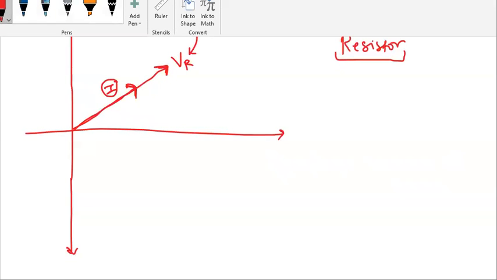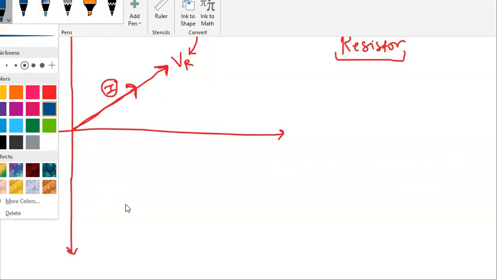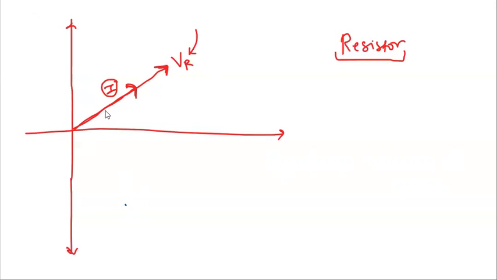But remember, for a capacitor, current is ahead and voltage is behind, by pi by 2. So this will be the voltage of the capacitor, and this is the current, because current is ahead. The one that is ahead will be in the anti-clockwise direction.